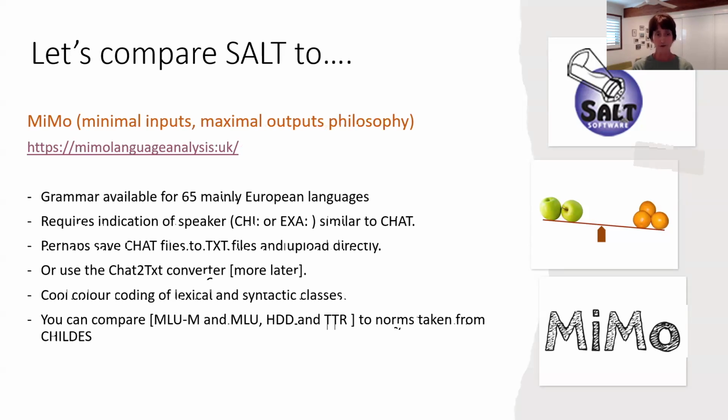It gives mean length of utterance in morphemes, the density of the types of words, and TTR. Now, we do not want to use TTR, which is type token ratio. I'll come back to that a bit later. That is just not a measure that will tell us anything relevant to a child's ability to use words, semantics. So a big cross there.